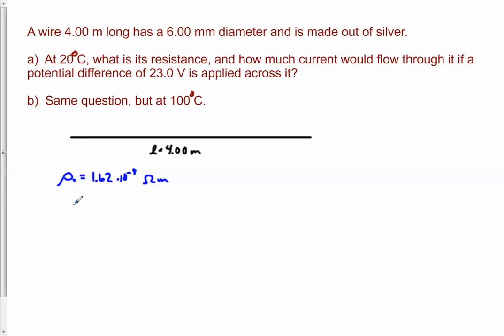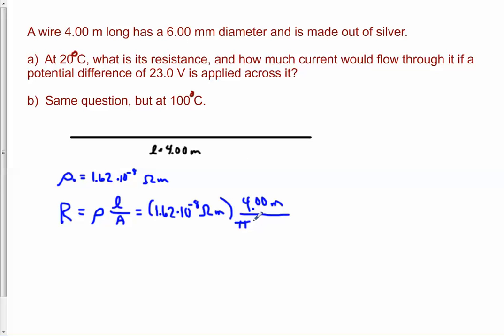Now I know that the resistance of a wire is the resistivity times L over A. So I put in the resistivity, I multiply by my 4 meters, and I divide by my area. Now for my area, if you're not told otherwise, assume wires are circular. And we've got a 6 millimeter diameter, so that's a 3 millimeter radius.